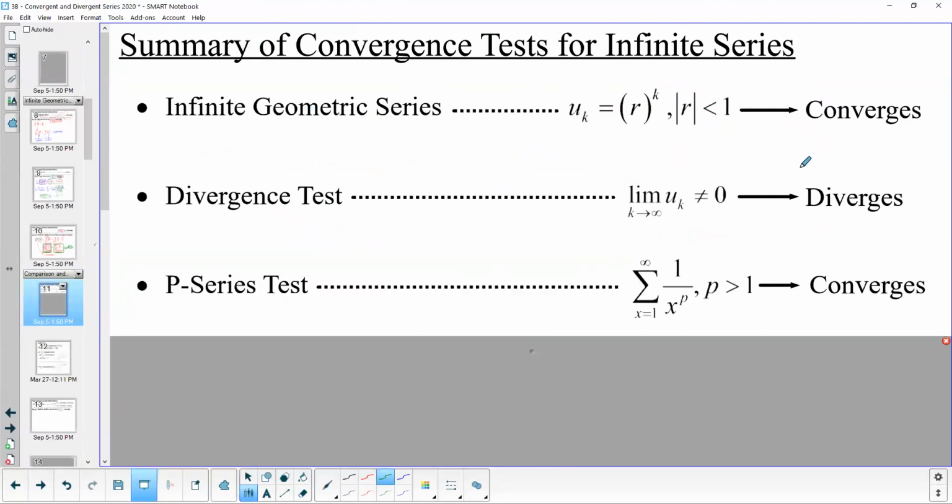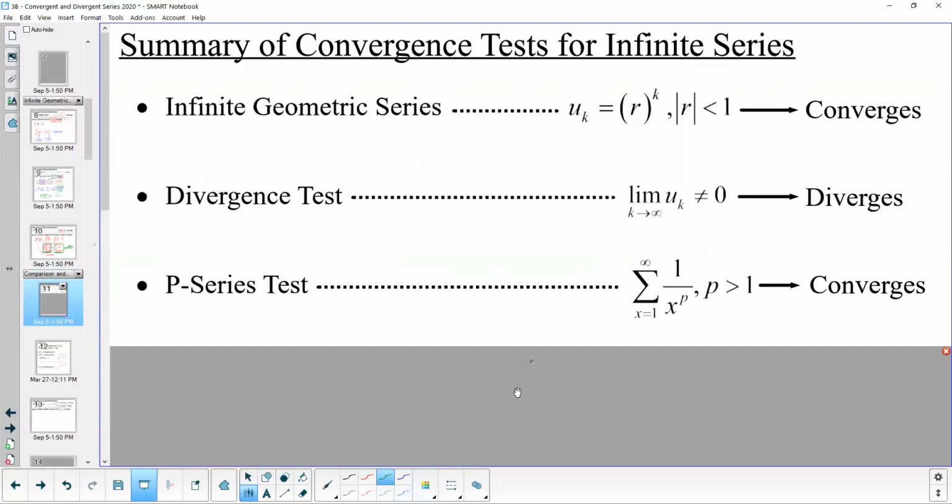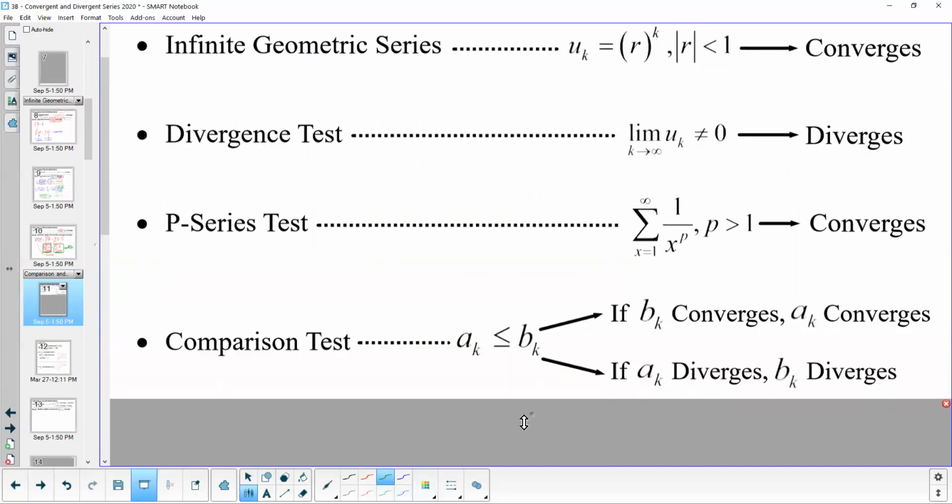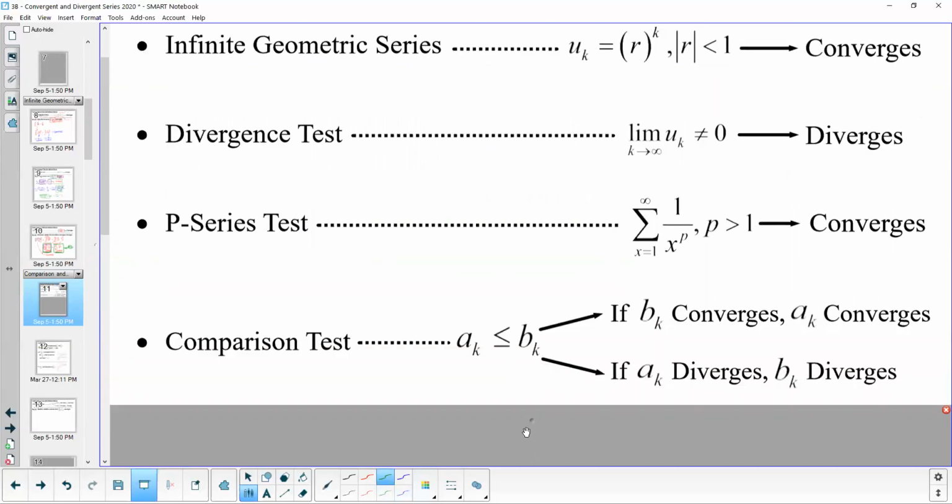And so this is a summary of the infinite geometric series, the divergence test, and the p-series test. The next one we're going to look at is something called the comparison test. And we've approached this in two different ways in the past. The first way was when we first learned about the squeeze theorem.